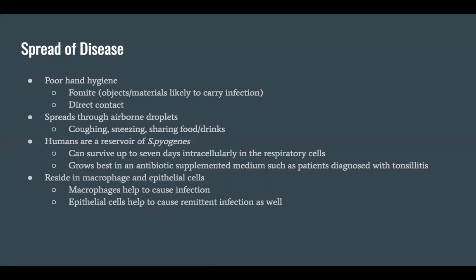So patients who are diagnosed with tonsillitis, basically if they've had it numerous times, it's because the cells are able to adhere to the host cells really well and live inside of the epithelial cells, which is my next part of this. They reside in macrophage and epithelial cells to best take advantage of the host and continue spreading or causing remittent symptoms of this disease.